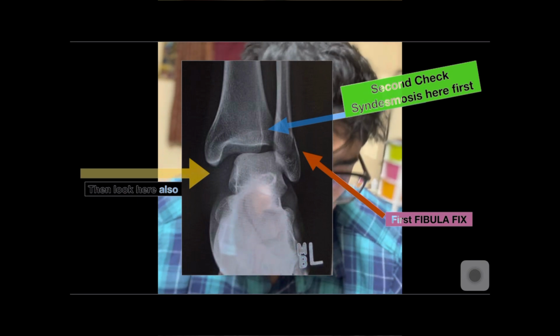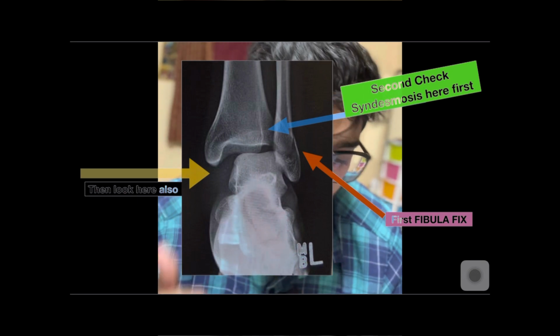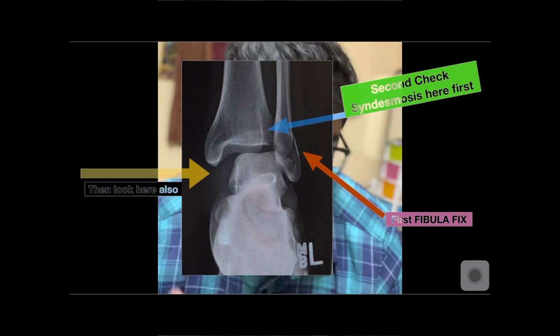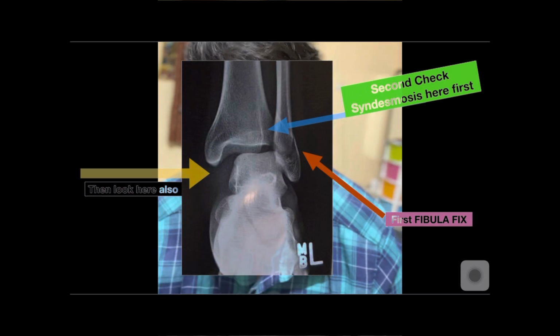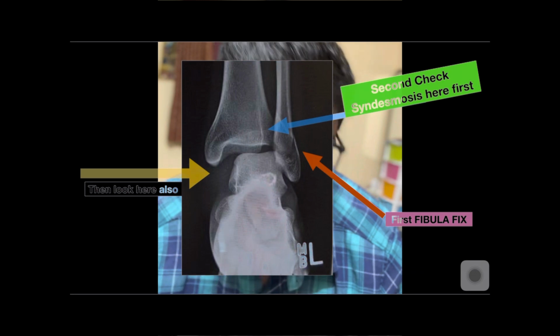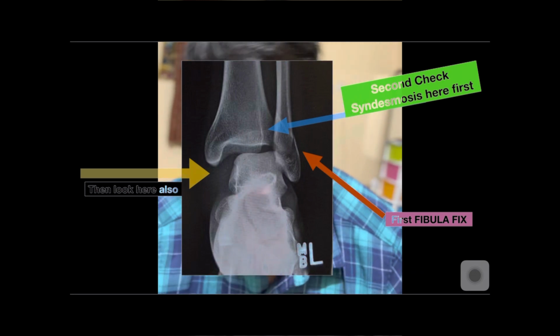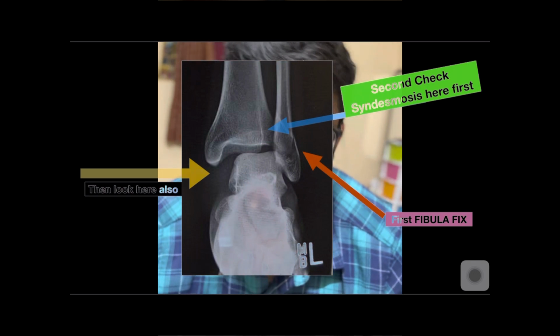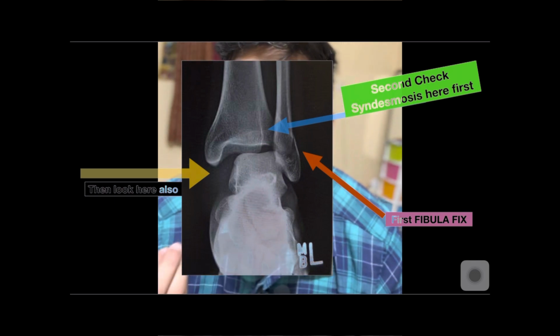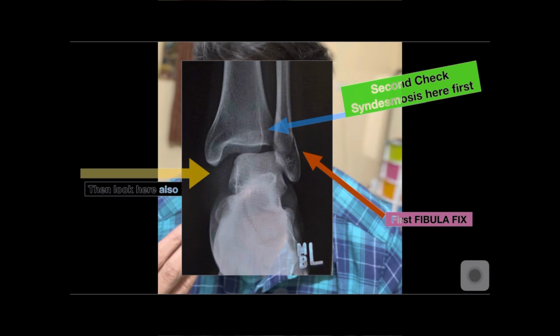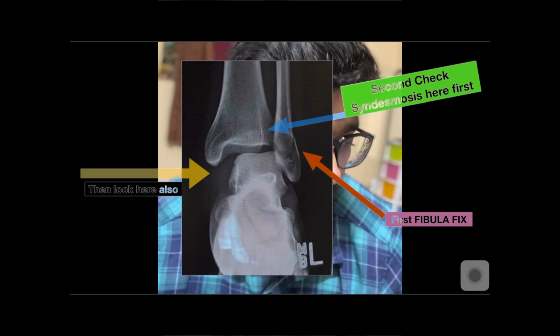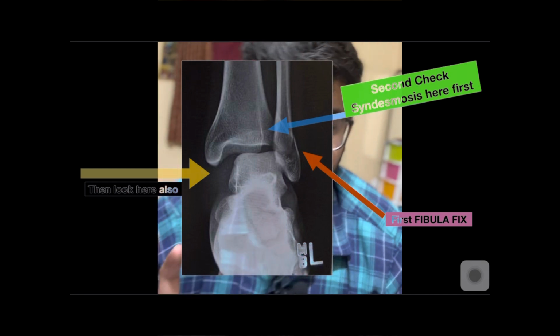As I have already told you, number one, we'll fix the fibula first. Second, we'll check the syndesmosis. If it is moving with external rotation, then we will fix the syndesmosis with the help of a screw or a loop, whichever way you are comfortable, with 3 screws or 2 screws, all are good.